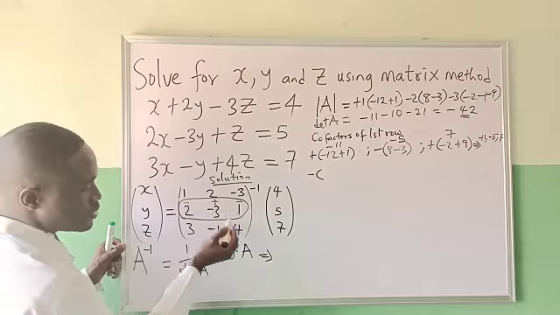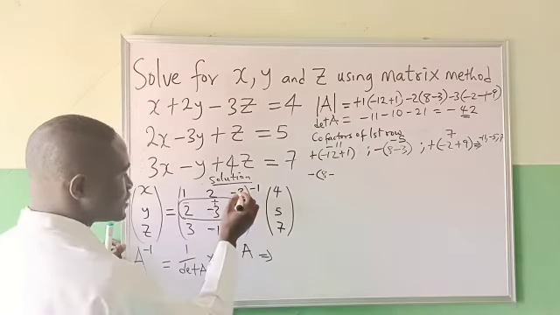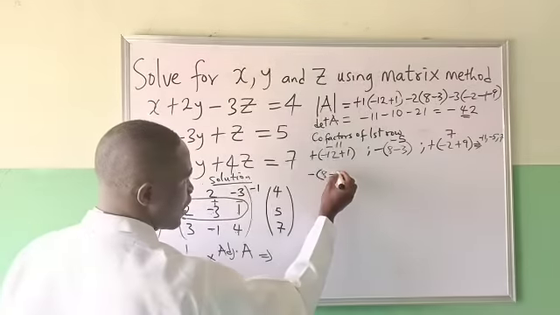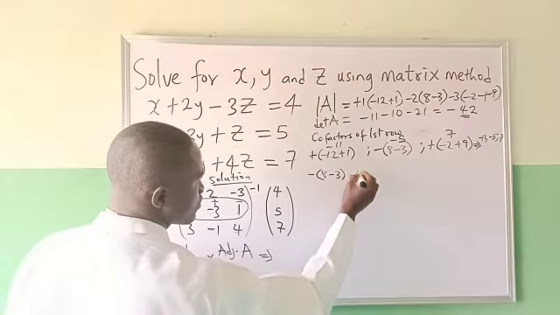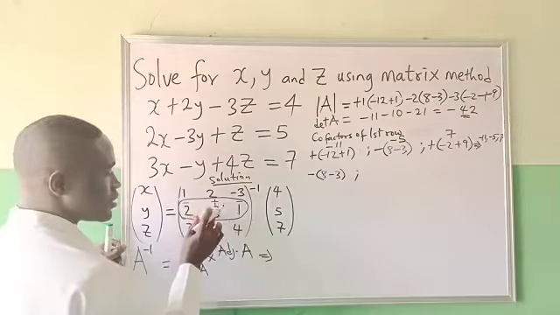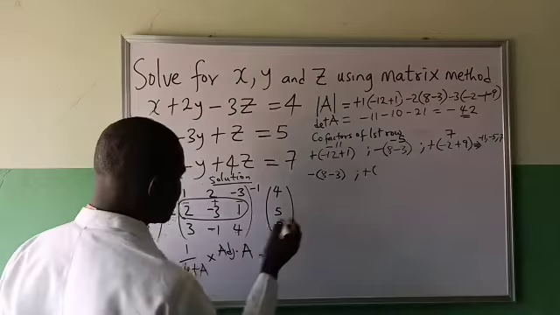You will now see 2 times 4, 8, minus, this times is 3, minus 1 times minus 3, 3, you have 3.